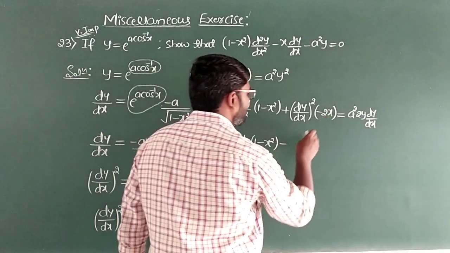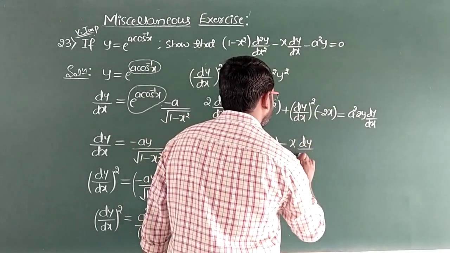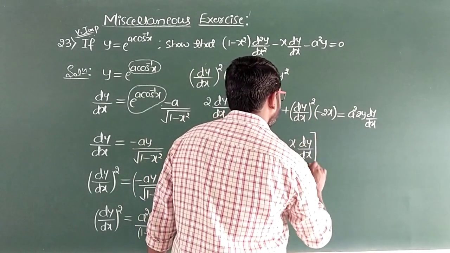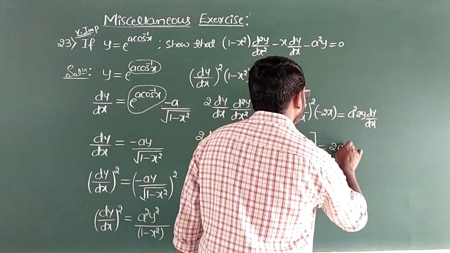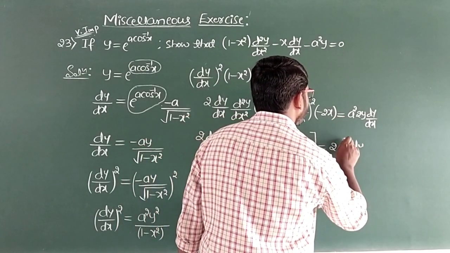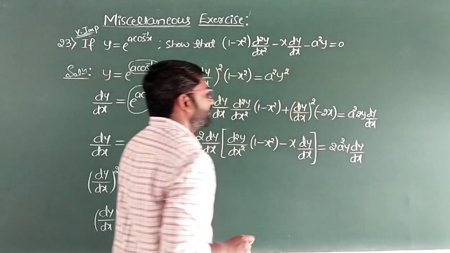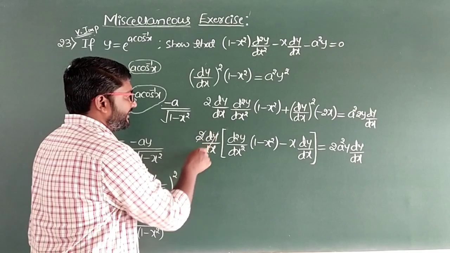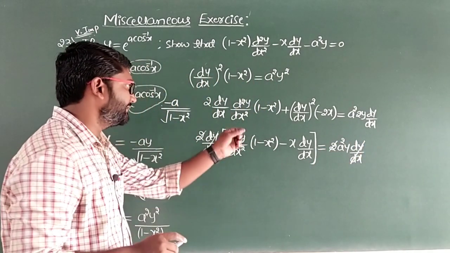That means here we are left with x into, and we have one more dy by dx, x dy by dx, which is equal to 2 a square y into dy by dx. So now 2 times dy by dx cancels on both sides, write the remaining term.